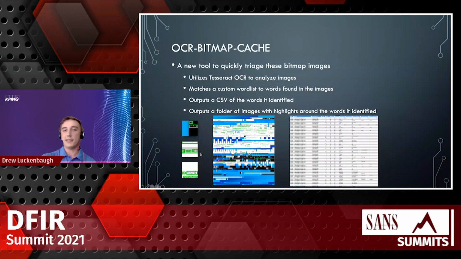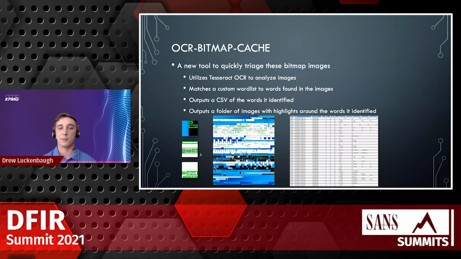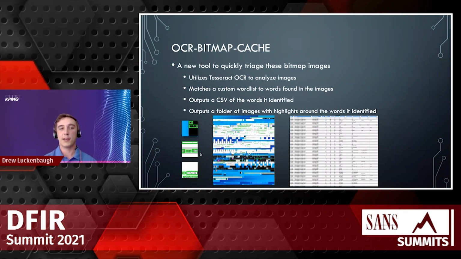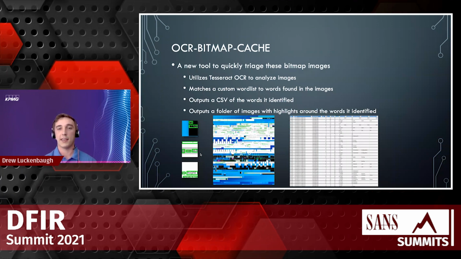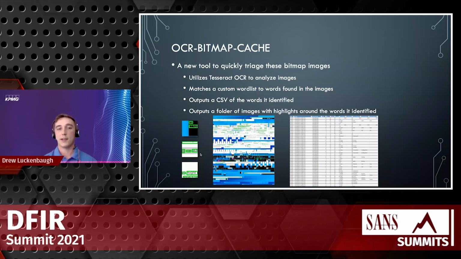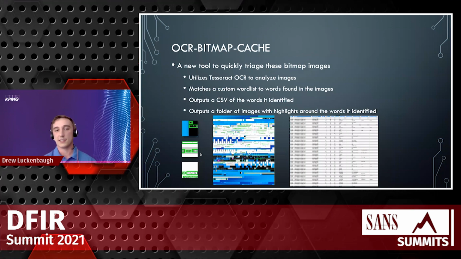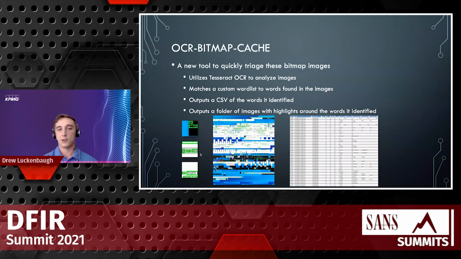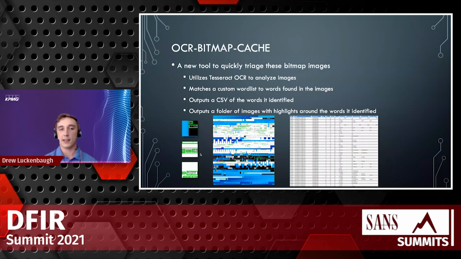Well, that's when the idea of the OCR Bitmap Cache script was born. The goal of this tool was to quickly triage bitmap images on a larger scale. It's completely written in Python, and it utilizes the Tesseract OCR, so processing is done all local on your system. Since bitmap images are so small, text is usually cut off.